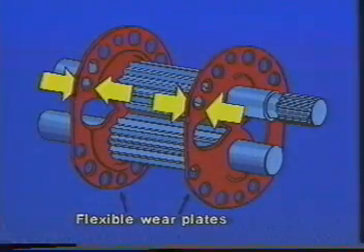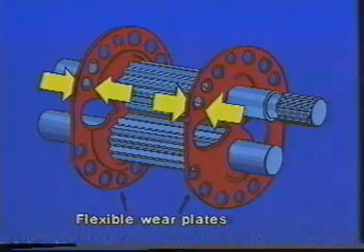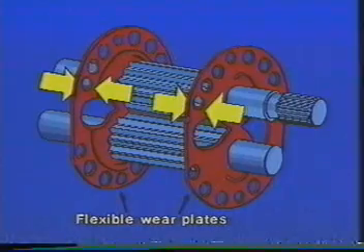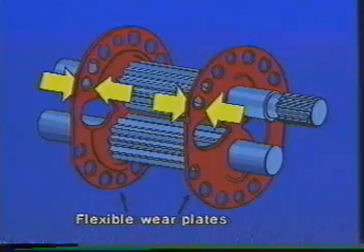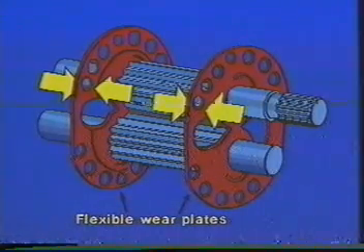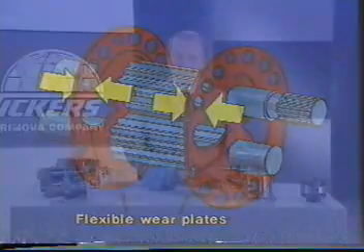This performance is at least partially the result of the addition of bronze-faced flexible wear plates. These plates are pressure-loaded against the side faces of the gears, reducing clearance to a minimum. Passages in the wear plate also permit oil under pressure to extend farther around each gear to reduce the unbalanced hydraulic loading inherent in this type of pump.